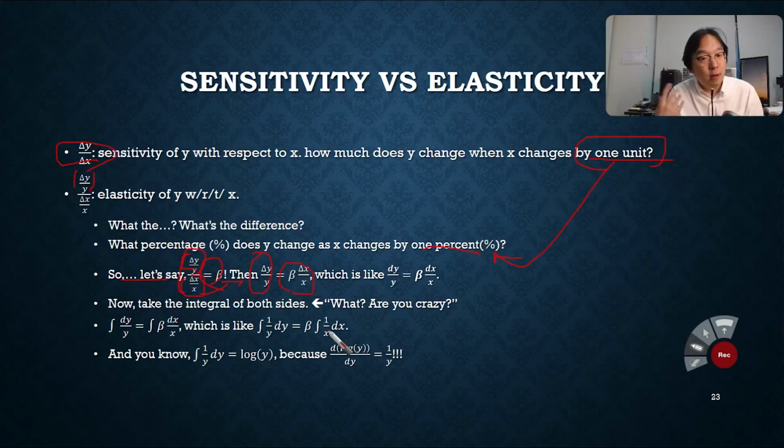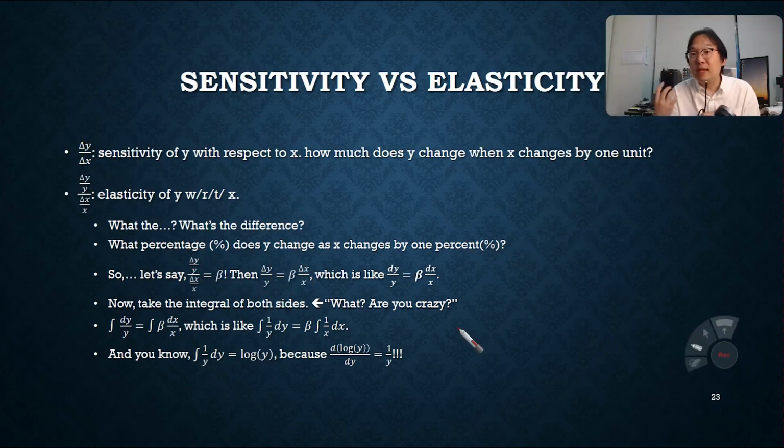Good. Then what? Well, if you shrink down the delta, the difference becomes very small, and it goes to your differentiation concept, so that delta x you can label as dx.